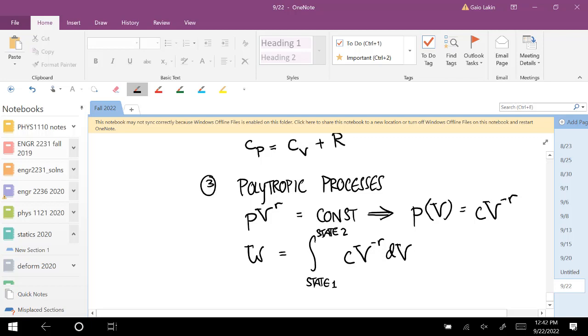So if you have a polytropic process, you could just calculate the work directly.